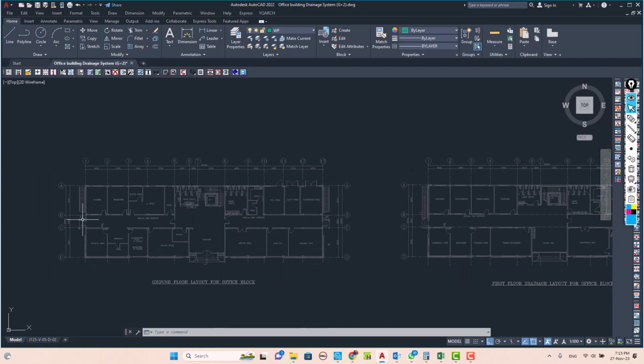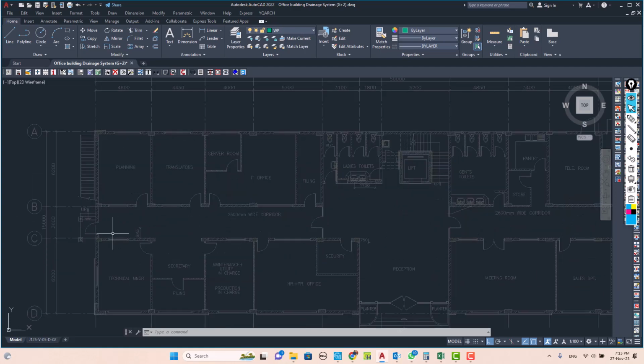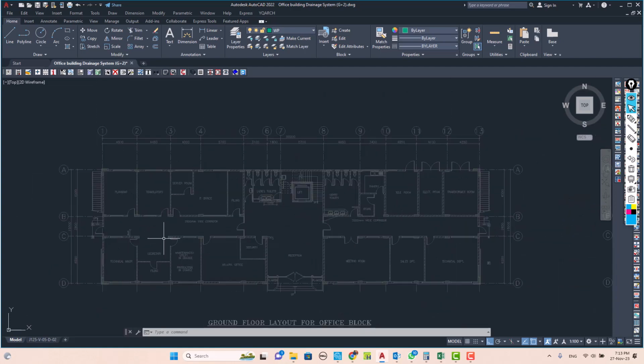Okay, so firstly, I am going to show you this water tank sizing as per the NBC, as per the Indian Standard Code.